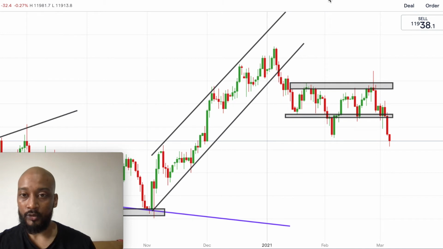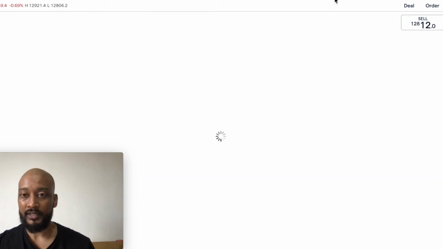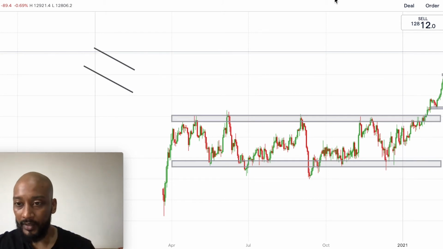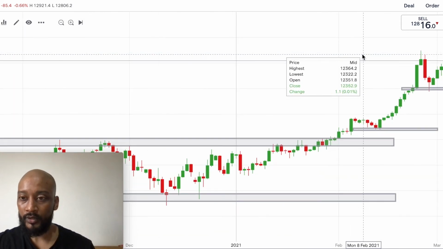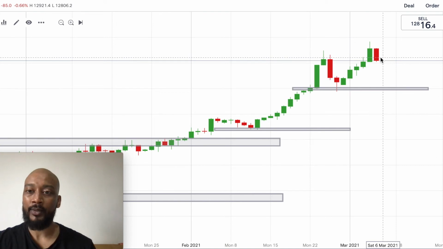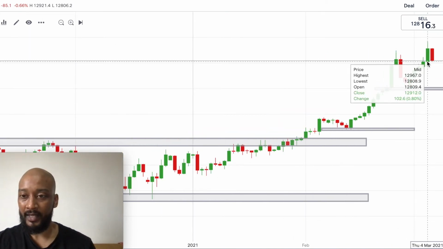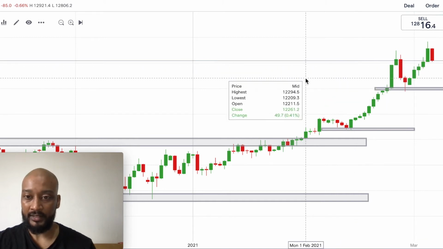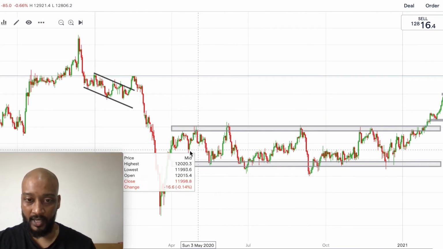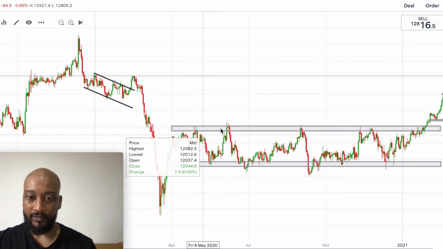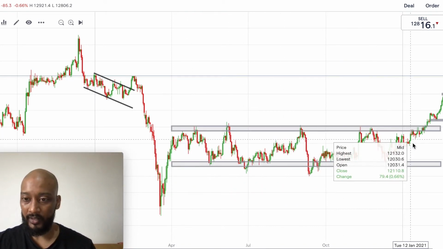So let's go to the pound versus the Swiss franc. Again, similar to what we saw on pound euro, we're having a bit of a sell-off today. We are still at the 128 level, which is still a fantastic price. As you can see here, for around 10 months the market was just consolidating sideways.